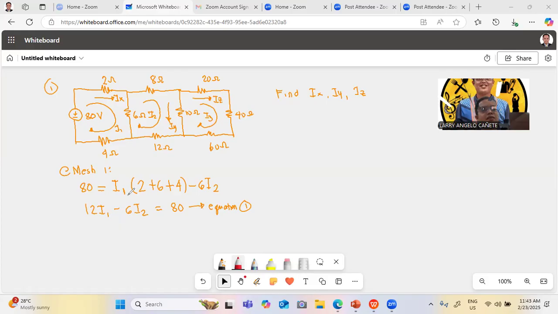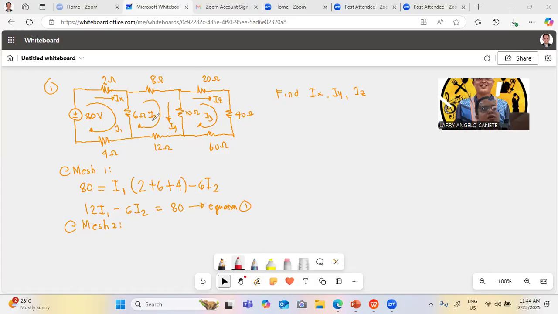So this time, I will be going to mesh 2. Okay. So I am inside mesh 2. So on the left side of the equation, all voltages.